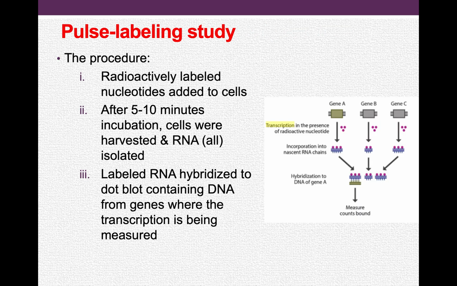Now, the first one is the pulse labeling study. As the name says, there is a label being used, either radioactive or a safe label. This is the general procedure.